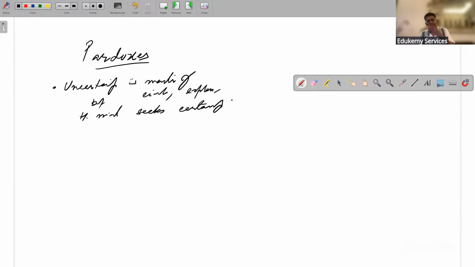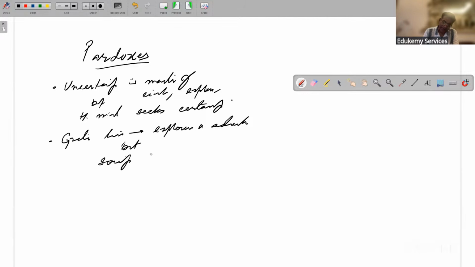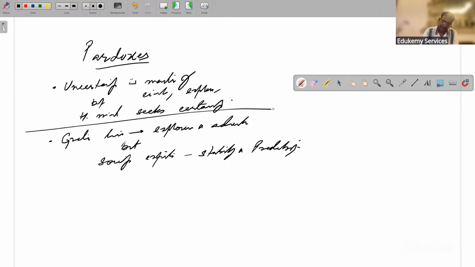Am I right? ये पैराडॉक्स नहीं है कि आप लाइव देखोगे जैसे द ग्रेटेस्ट लाइव्स आर दोस लिव्ड बाय एक्सप्लोरर्स एंड एडवेंचरर्स, but society expects or demands stability and predictability. Can I say this?